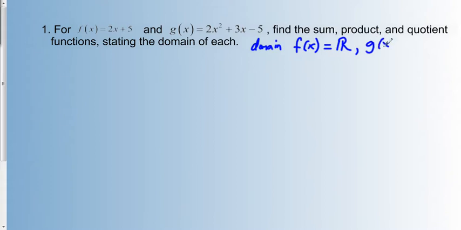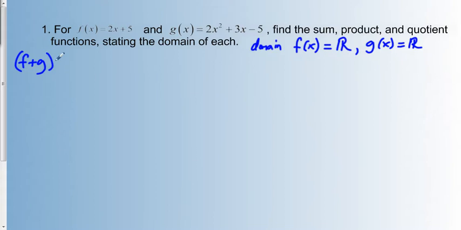The domain of the g function is all real numbers. So we really don't have any worries with our domains for the first three parts, meaning the sum, the difference, and the product. So we'll start with the sum.